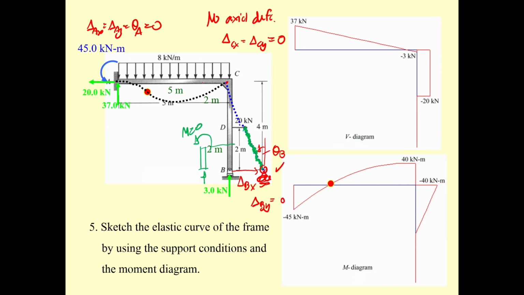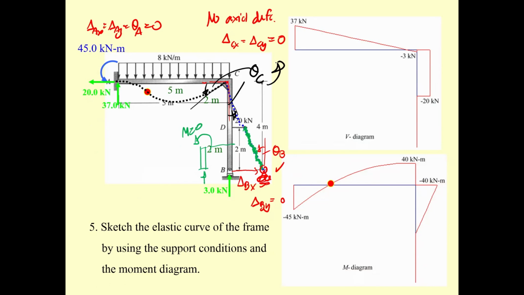And then you have the reference line over here, and then you have the tangential line over here. And over here you have the slope of this one, theta sub c, in this counterclockwise direction.